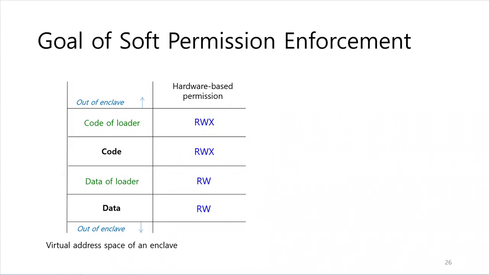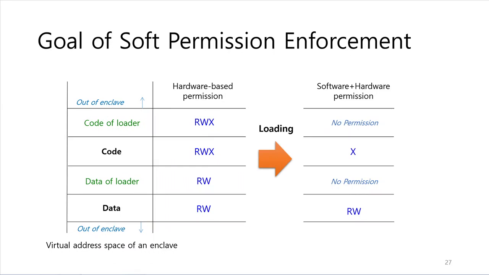To solve this problem, we designed software-based permission enforcement. The basic idea is when we first set up the hardware-based permission, we set all code pages as both writable and executable. And then after the secure in-enclave loading and relocation for the ASLR, we can remove the writable permission using software-based permission enforcement.